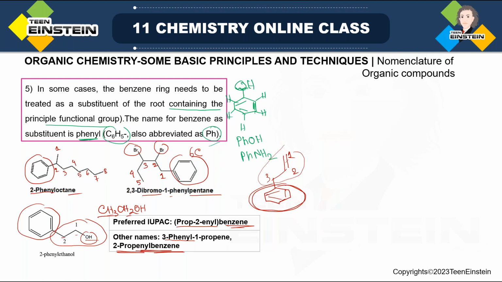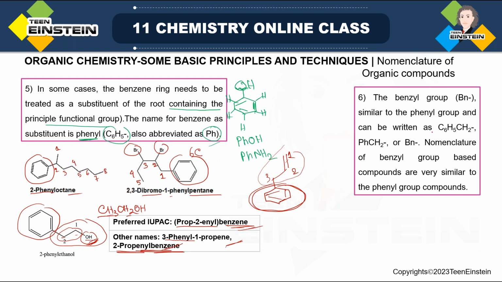Here, though a C=C double bond is present, it does not have as much preference compared to OH. See, in the previous structure, though it is a 2 carbon chain, because of this OH we are not giving preference to phenyl. But in this case, it is a 3 carbon chain with a C=C double bond, not an OH group or CO2H group. So ultimately we are treating it as a substituent in the benzene ring, but other names are also there.